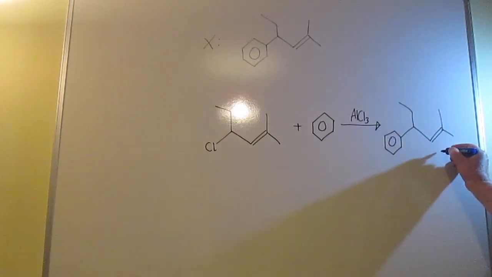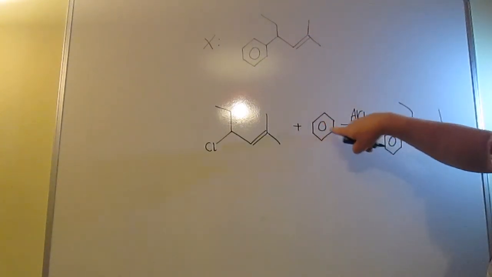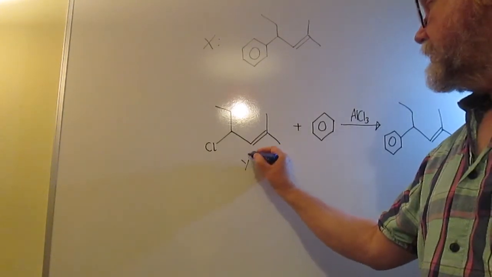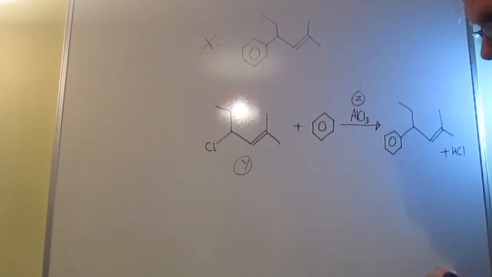And to balance that up, you need HCl, because we've lost the hydrogen from the ring and the chlorine from there, which make HCl. So that's the Friedel-Crafts reaction. So this is compound Y, and the aluminium chloride is the catalyst Z.